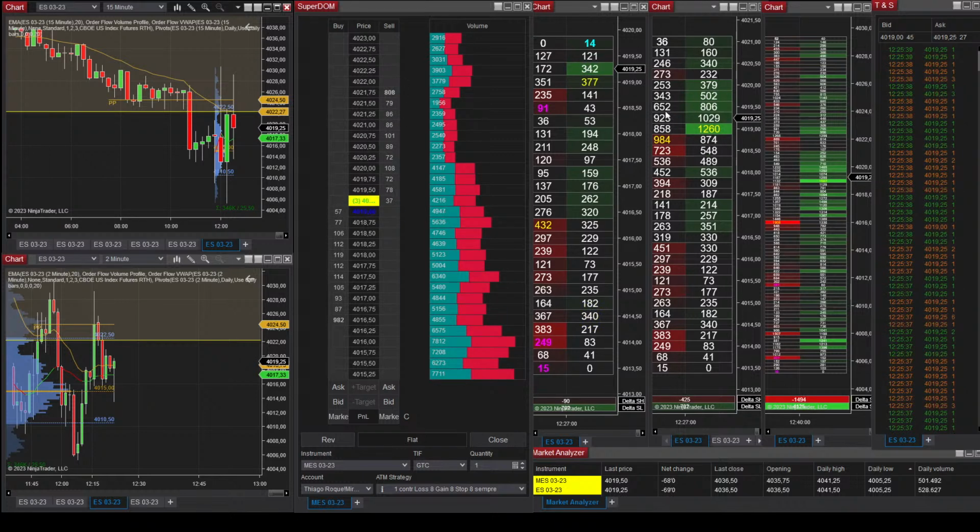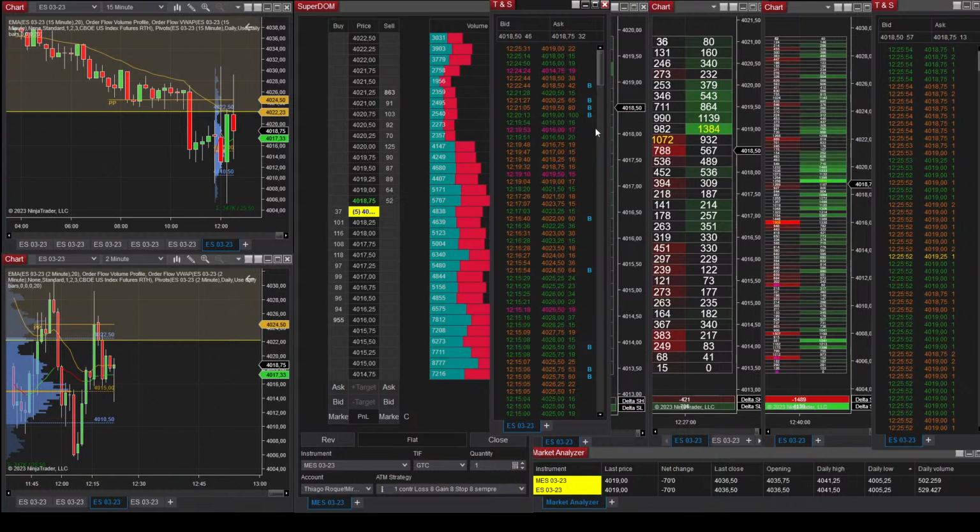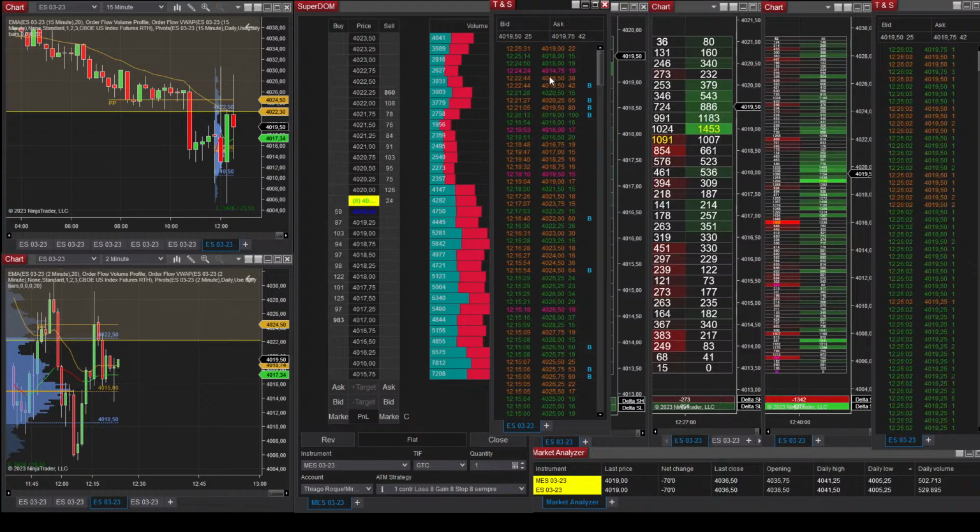Now buyers are trying again to overcome the 20. It's not been easy. But this time, if we look here at the times and sales, the orange prevails and it shows that sellers are being more intense, even though we've seen blocks from buyers.